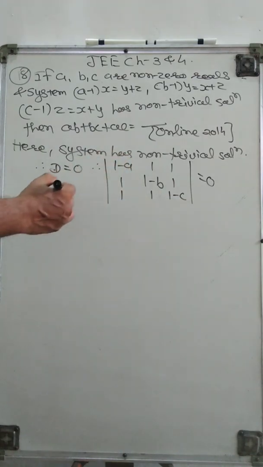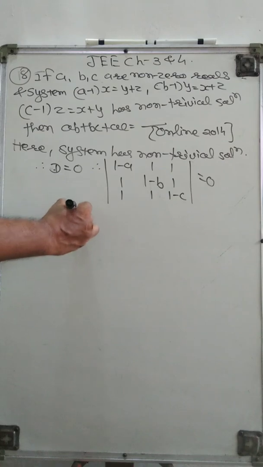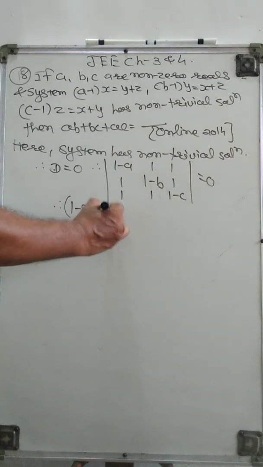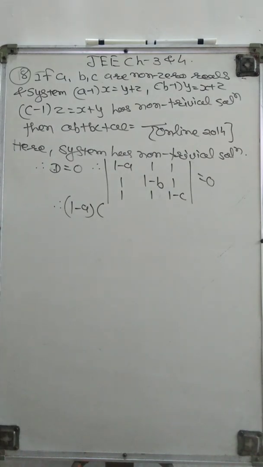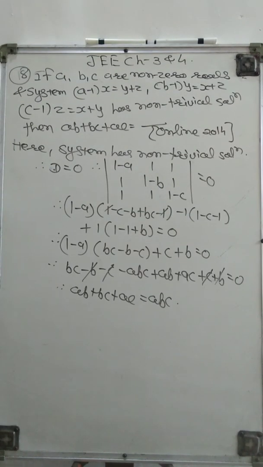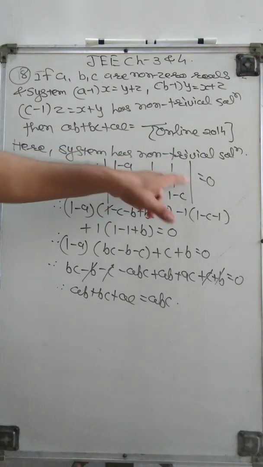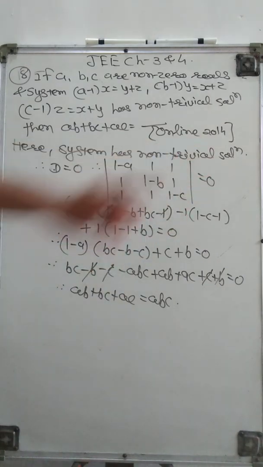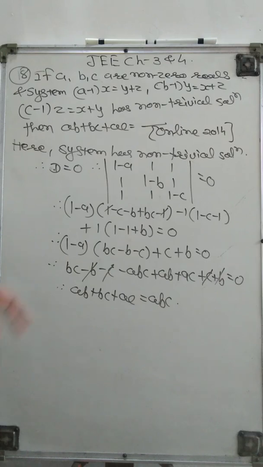Now we simplify it and we get our answer. So first of all 1 minus a into 1 minus b and 1 minus c, and then simplify. Now this determinant is 0. You can easily simplify it and you get your answer.